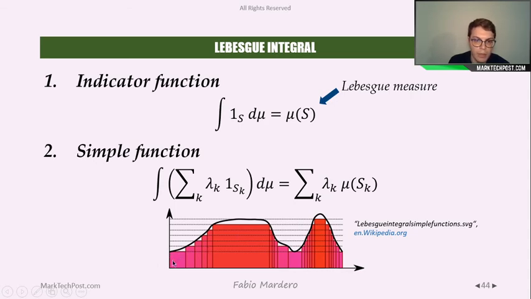For example, let's say that this level is 1, and this level is about the double, is the double height of the smallest step. This means that the lambda k here is equal to 2, and this column here is one element of this linear combination. We have defined simple functions.